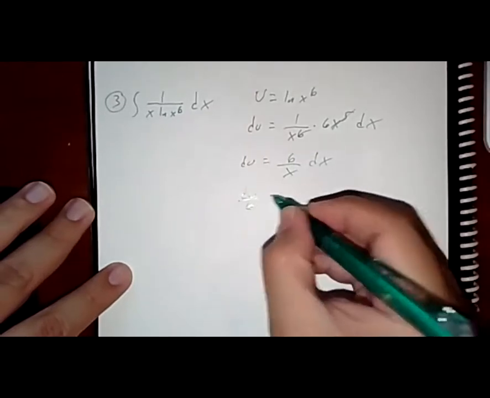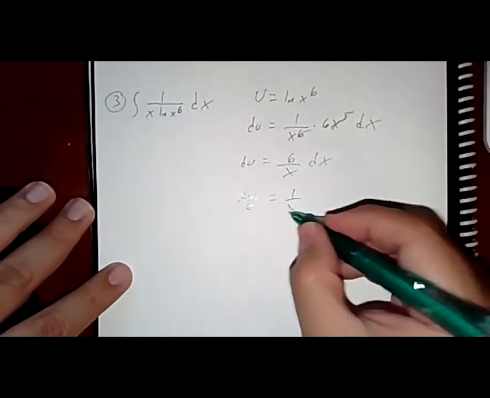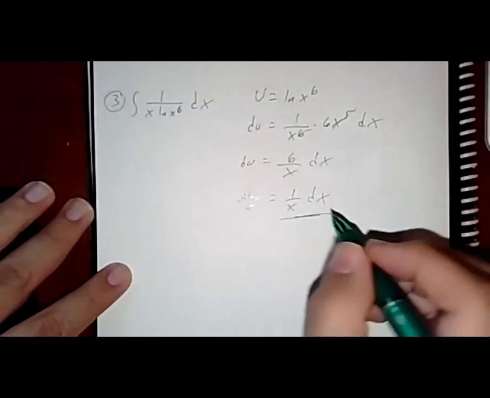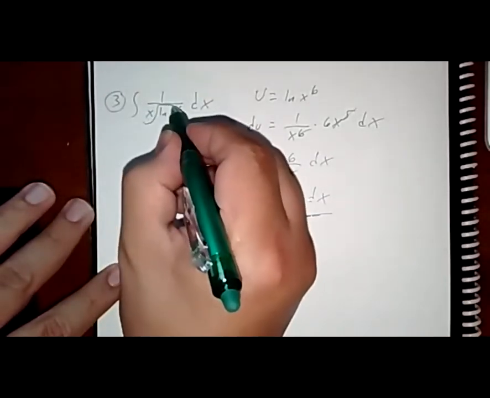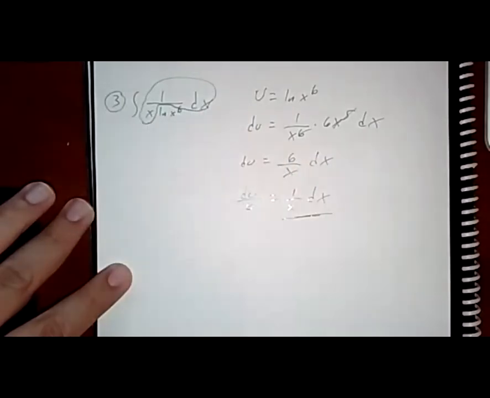du over 6 is 1 over x dx, which is in the problem. That's this piece right here, right?